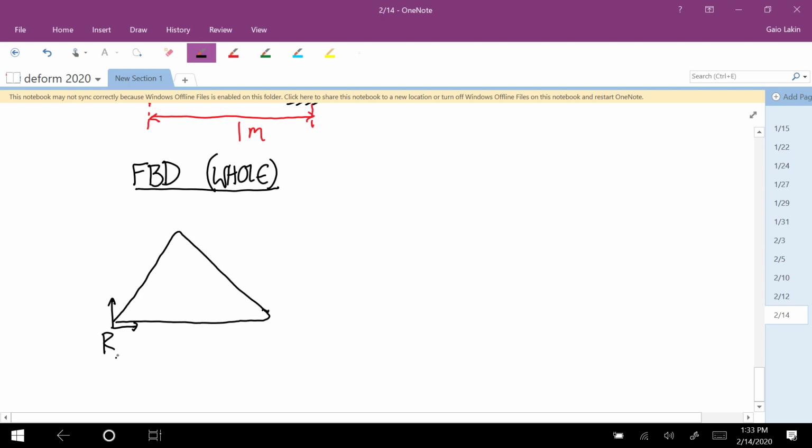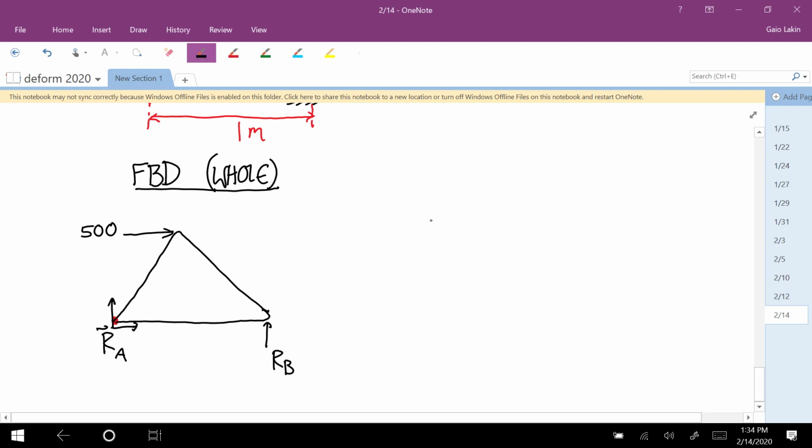I'll call that force RA. And we have a roller here. I'll call that RB. That's a known direction. And then we have this horizontal force of 500. And we have to choose an about point for the moments. I'm going to choose it here.